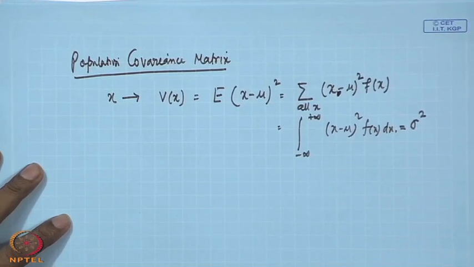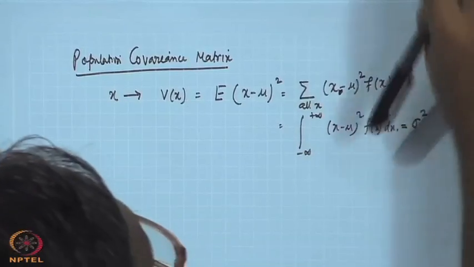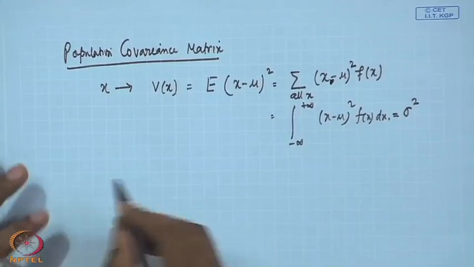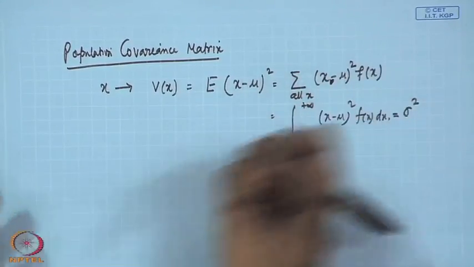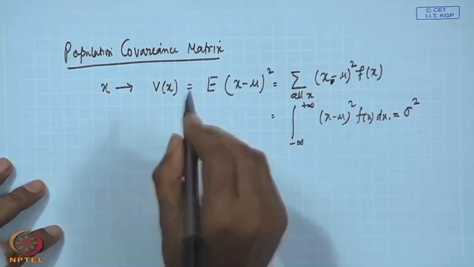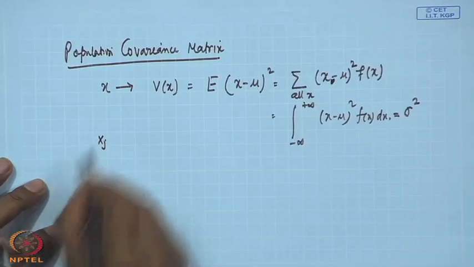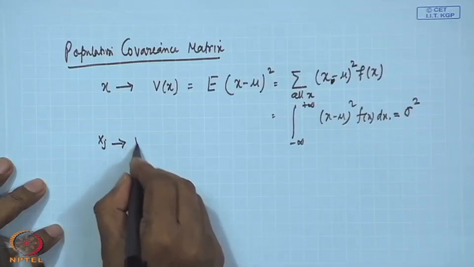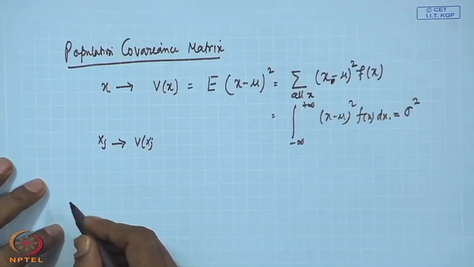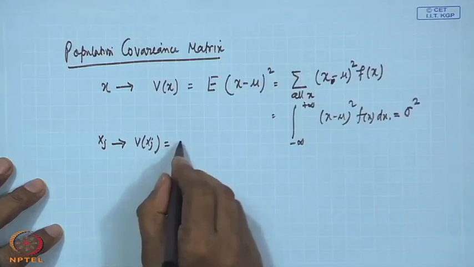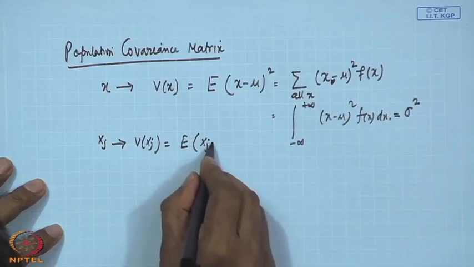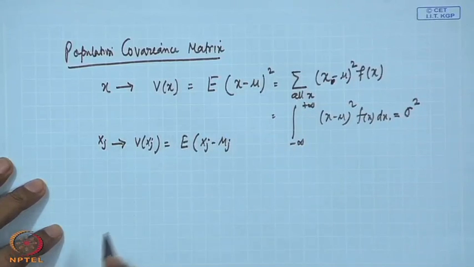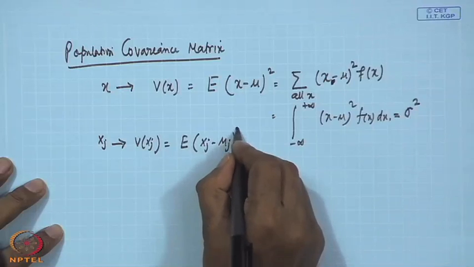Now I will do a simple alteration. Instead of x, I will write xj. That means I want to know the variance of xj. Then you will write xj minus mu j, with j added everywhere.